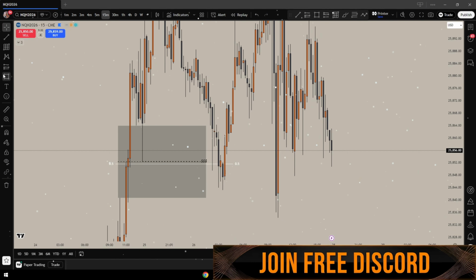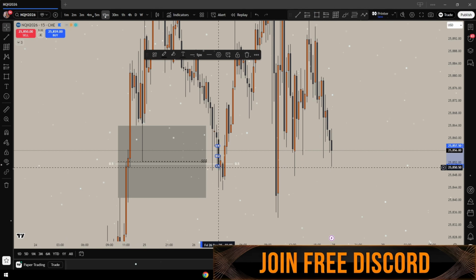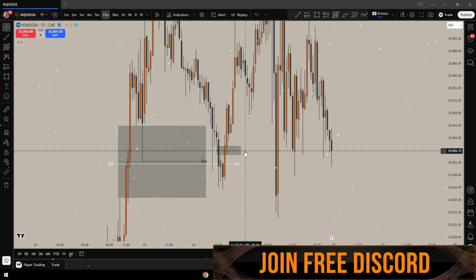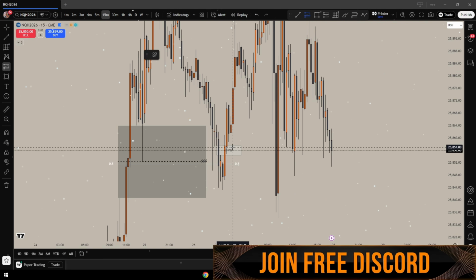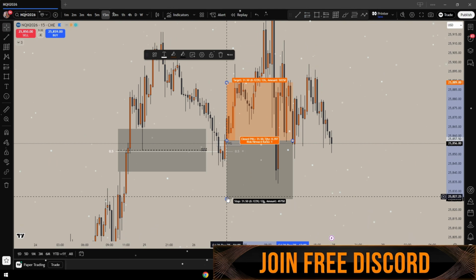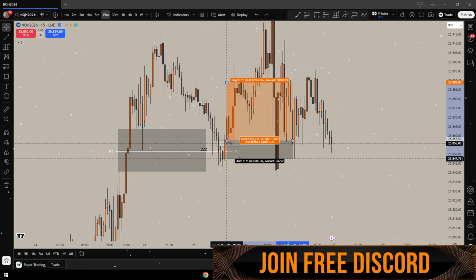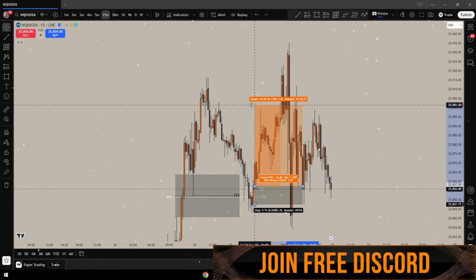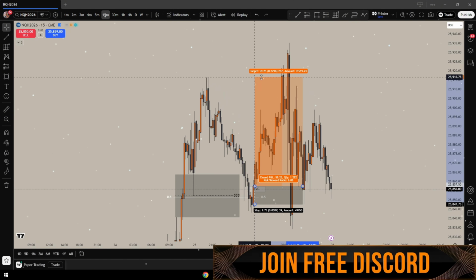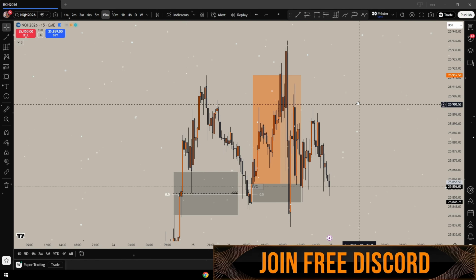And do we have a single fair value gap to inverse? Yes. What do we do? We wait for the candle to close above the fair value gap and put our stop loss below the candle that closed and target the internal highs and probably the external high.